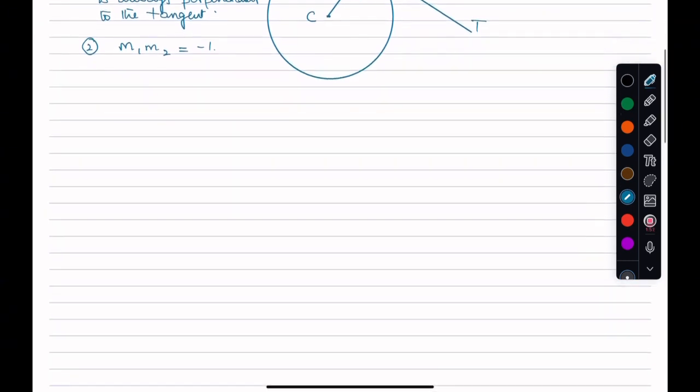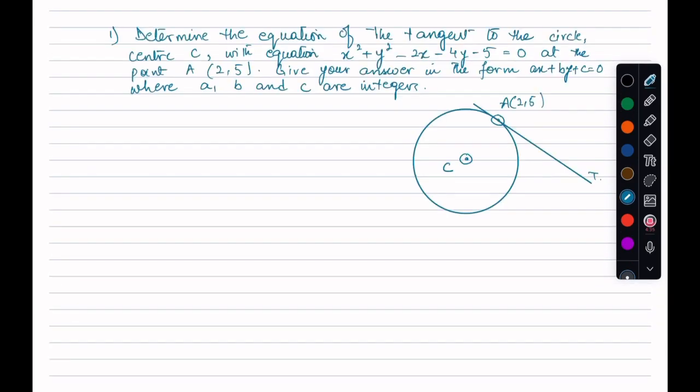So let's do a question. Question says, determine the equation of the tangent to the circle, center C, with equation x square plus y square minus 2x minus 4y minus 5. So we have the circle equation, and there is a point A which is (2, 5).